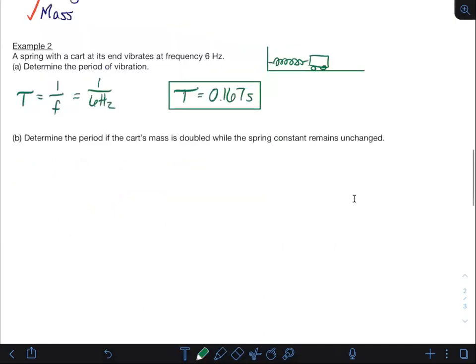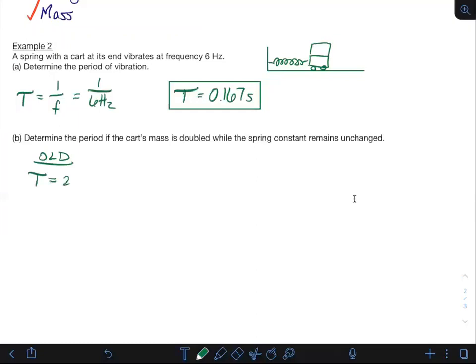Part B says determine the period if the cart's mass is doubled. We're going to double the mass of this cart while the spring constant remains unchanged. Okay, we don't really have a lot of new information given here. We are kind of working underneath some old information, right?